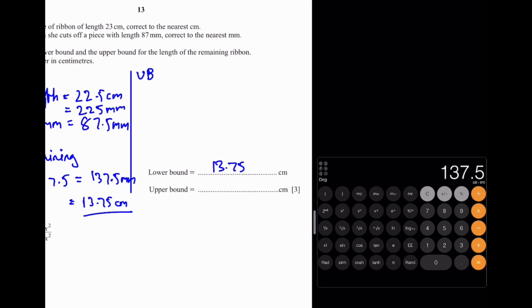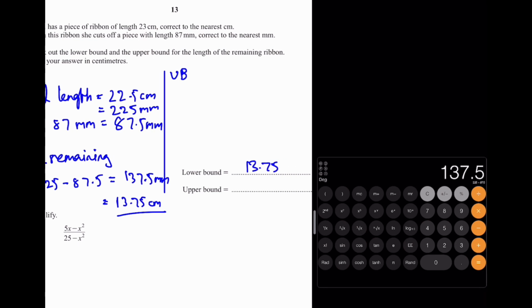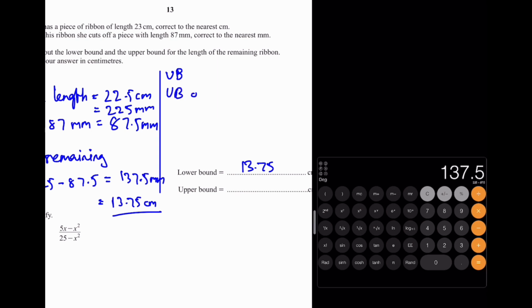Now the upper bound. We need to do the opposite of what we did last time. So now we need to find the upper bound of the length and the lower bound of 87 millimeters, which is the cut-off length. So the upper bound of 23 centimeters is equal to 23.5 centimeters. Now the lower bound of 87 millimeters is equal to 86.5 millimeters. Now 23.5 centimeters can be written as 235 millimeters.